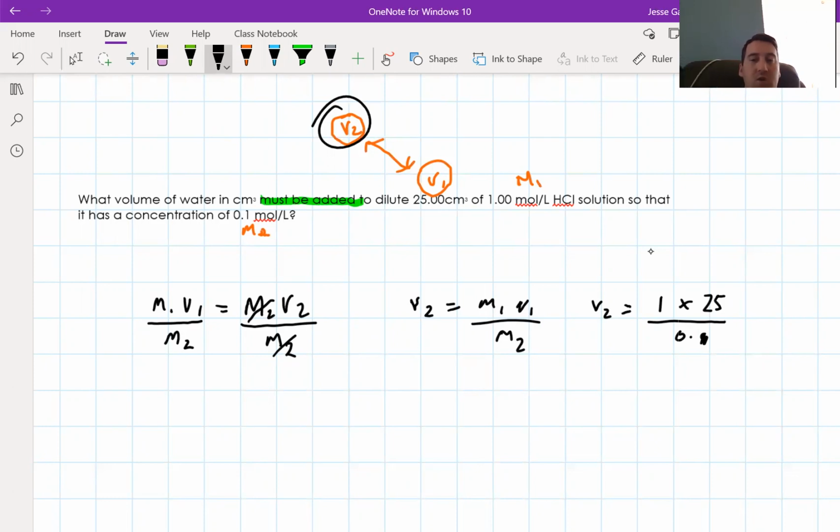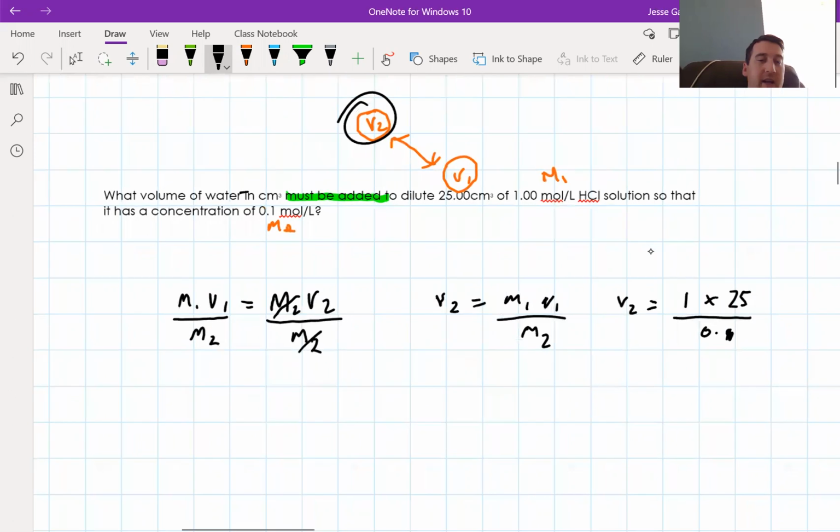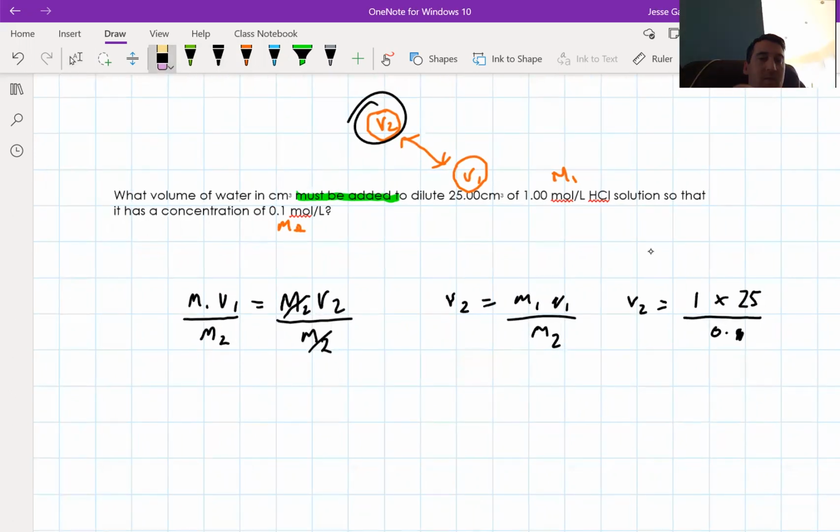Oh, of course, no, I'm okay because it asked me to find the answer in centimeters cubed. So I'm going to put this in centimeters cubed. So 1 by 25 over 0.1 gives me 250 is my V2. So my new volume, V2, equals 250 centimeters cubed.